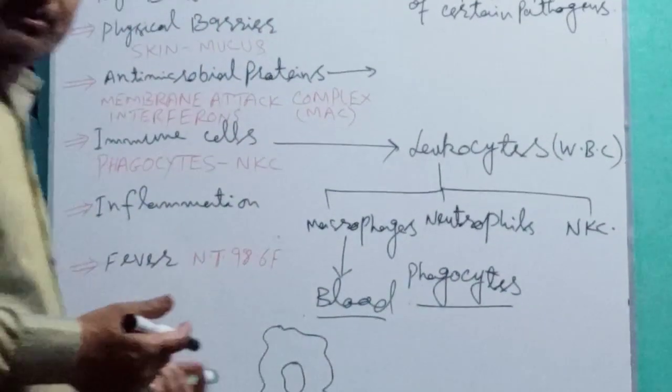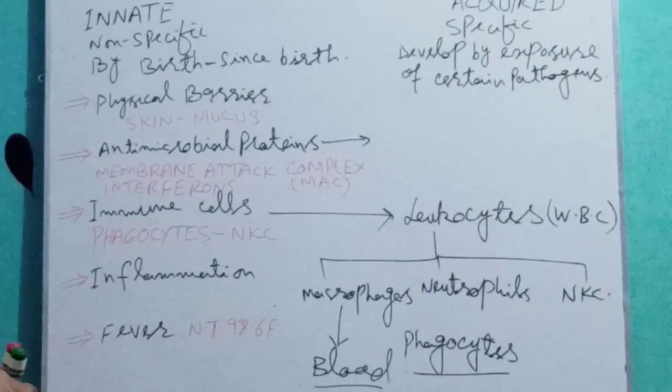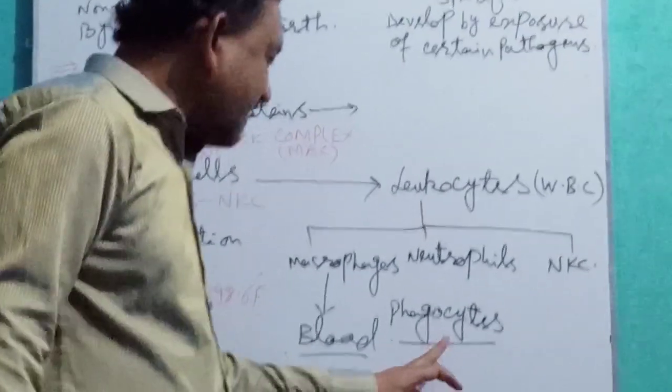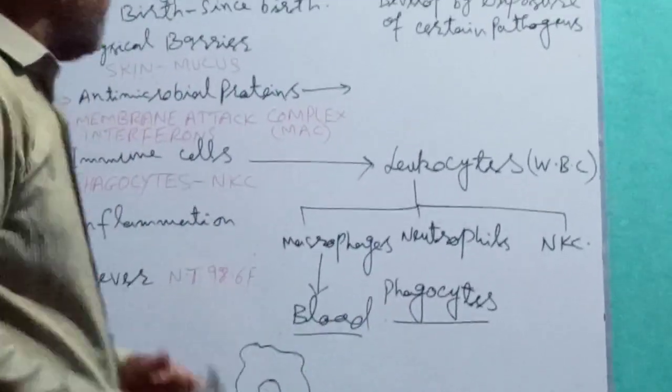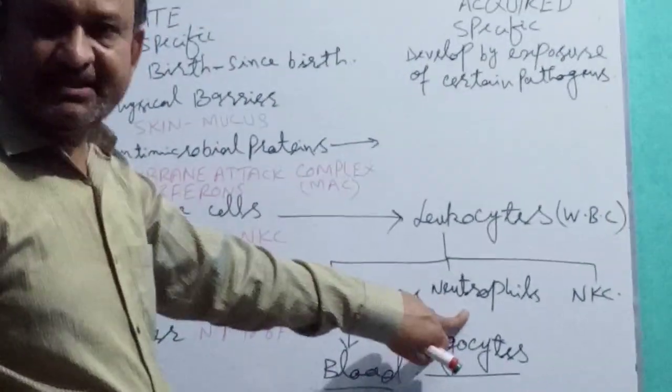Neutrophils also inhibit or kill the cells, and they have phagocytic activity. Neutrophils also produce some chemicals.